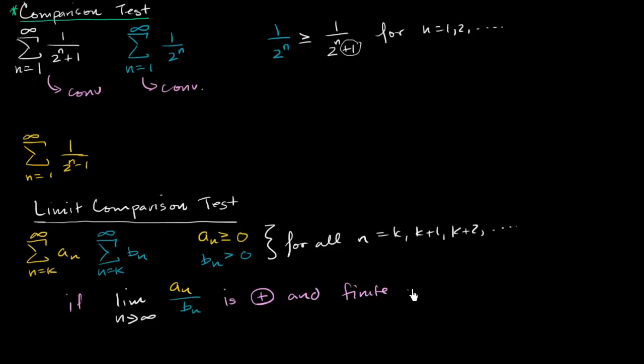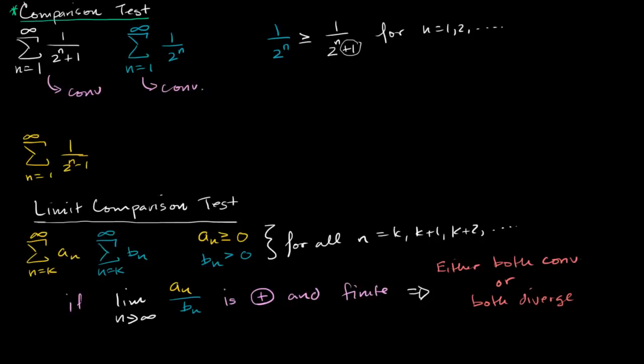So let me write that. Then that tells us that either both converge or both diverge, which is really, really useful. It's a more formal way of saying that, hey, look, as n approaches infinity, if these have similar behaviors, then they're either both going to converge or both going to diverge. Let's apply that right over here.